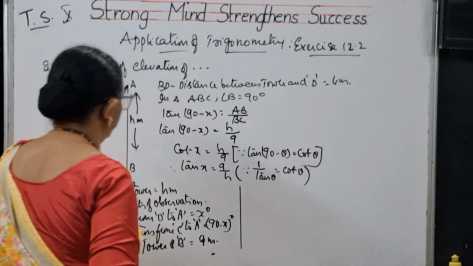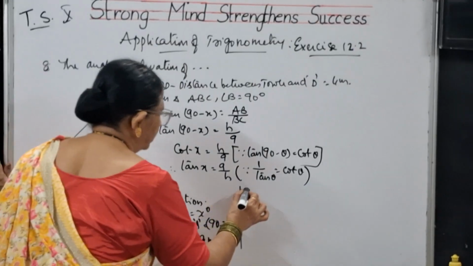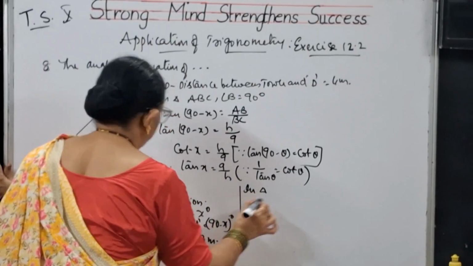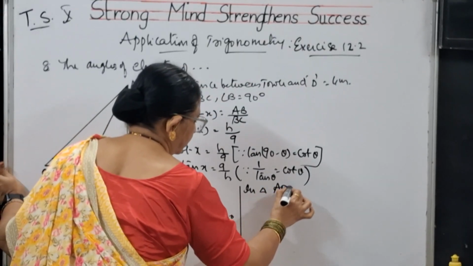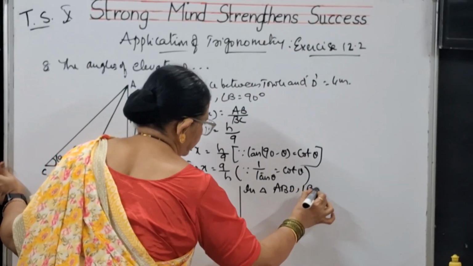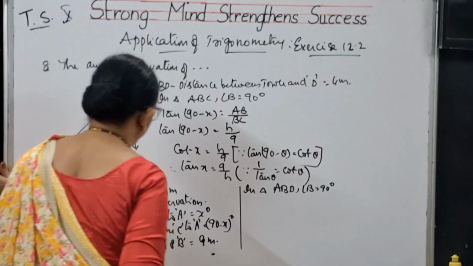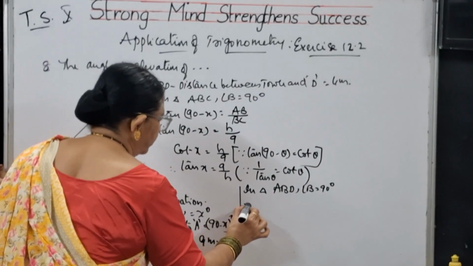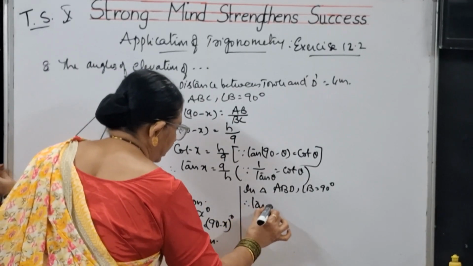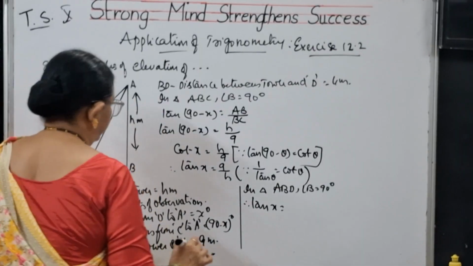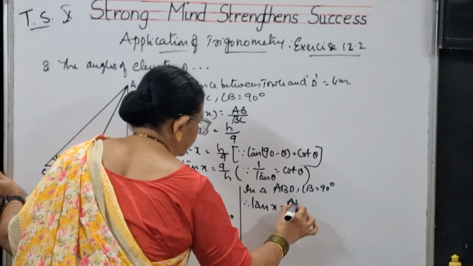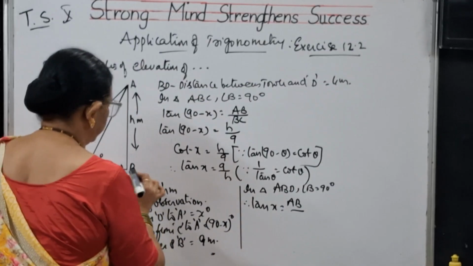Now go for the next triangle. In triangle ABD, angle B is equal to 90 degrees. Therefore, tan x is equal to, see, opposite side by adjacent side, that is AB by BD.